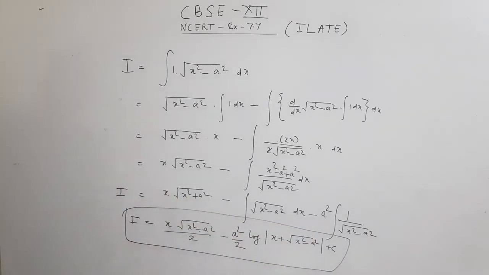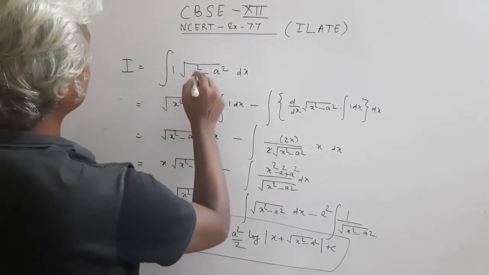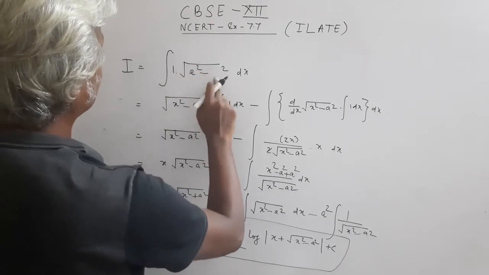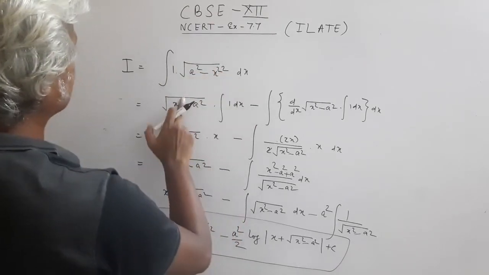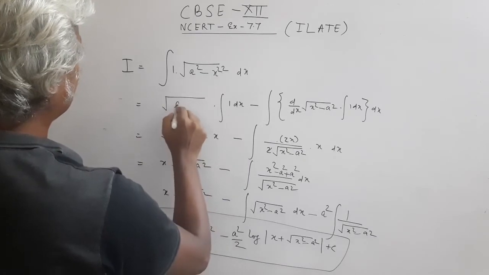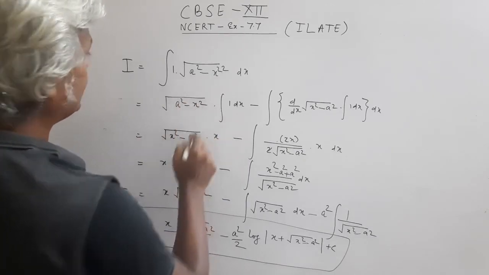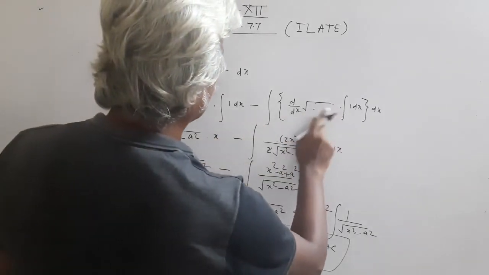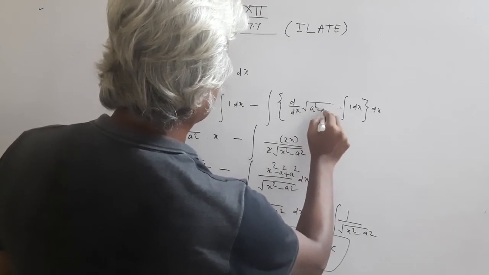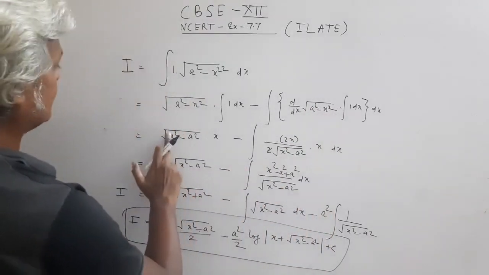Now the third question is just a square minus x square. So now I'll do the same thing. This is a square minus x square, a square minus x square.